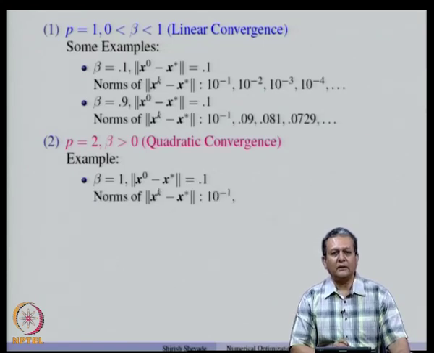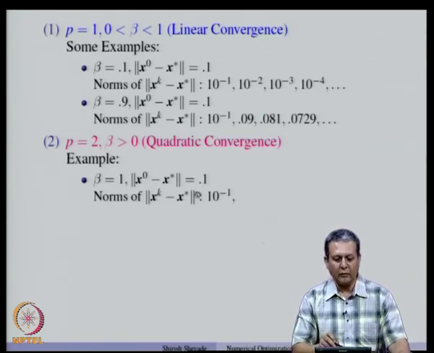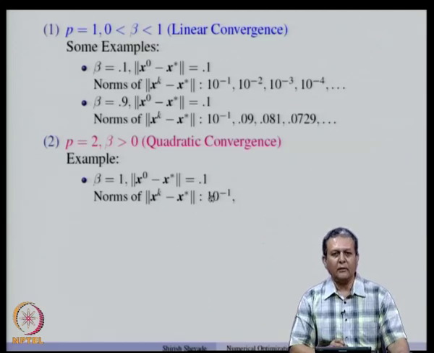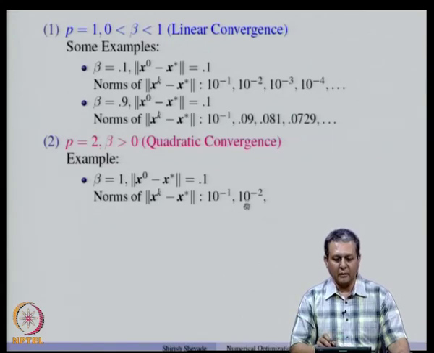Now, if we look at this, initially it is 10 to the power minus 1, and then it moves at a rate which is shown here. So, the norm of x1 minus x star is 10 to the power minus 2.